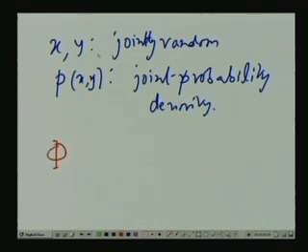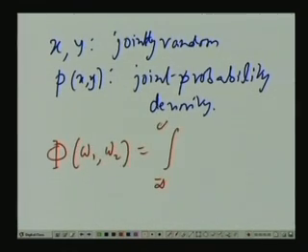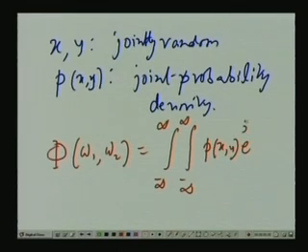Now, since there are two random variables x and y involved, there will be two frequency variables omega 1 and omega 2, and it will be defined like this. Omega 1 x plus omega 2 y dx dy.